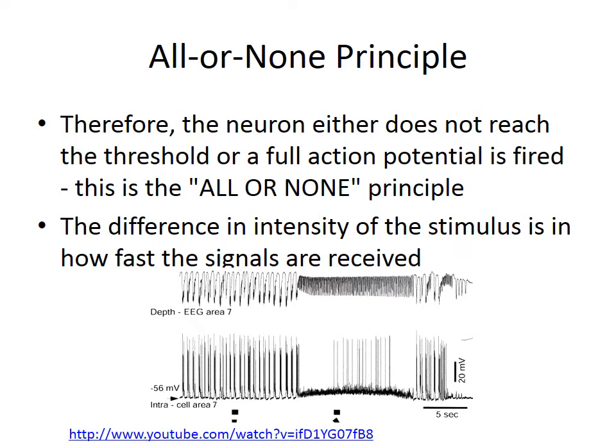So the difference in intensity of the stimulus is in how fast the signals are received. So this is an action potential, and an action potential goes like this, up and then down. So that's fine. And you would say, well, that's good. I get it. It has to get to the threshold before something will fire. But then if I feel more pain, shouldn't this be, like this?